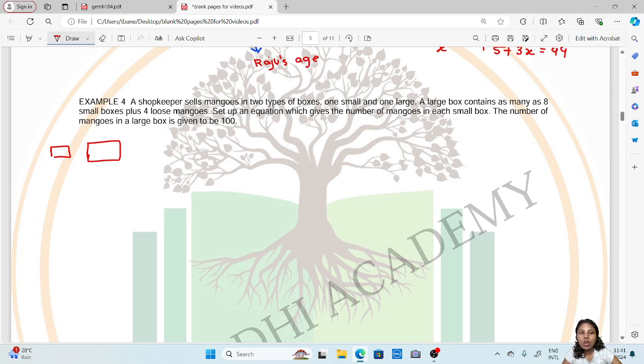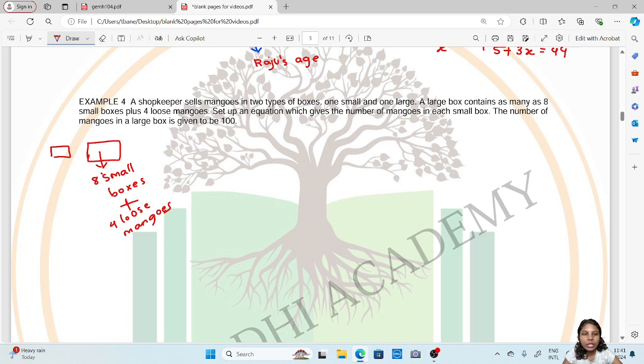So the large box can contain as many as 8 small boxes plus it can have what? 4 loose mangoes, as in 4 mangoes can be just placed in that, okay, without the box. And then they said, set up an equation which gives the number of mangoes in each box.